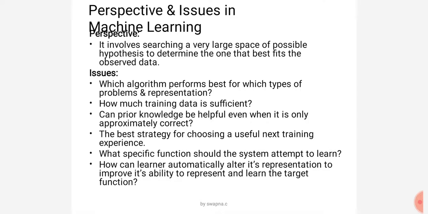Next one, how much training data is sufficient to design a learning system, and what prior knowledge is required when it is only approximately correct. So if you know the meaning of hypothesis, and the least mean square algorithm or whatever algorithm you want to use to adjust the weights or to estimate the training values.